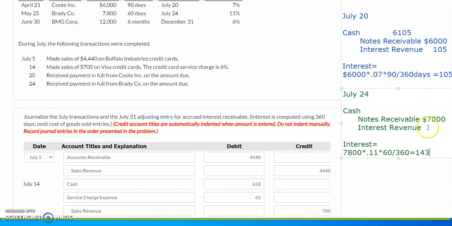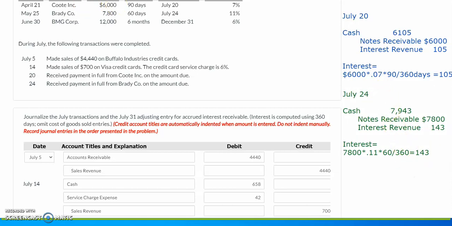And so in my interest revenue, I'm going to include 143, and then the cash received is going to include the notes receivable that I'm going to get paid back and the interest that was earned during that period.